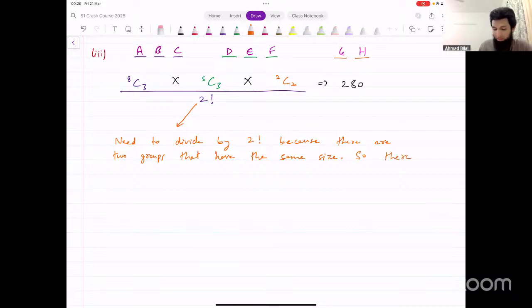So there will be double counting if the members of those two groups switch places with each other.